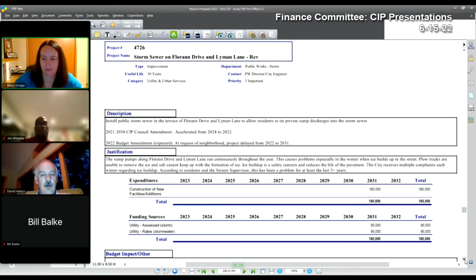And staff is recommending to keep the project in or near the last year of the CIP as a reminder that it could be needed again if the climate and property owner desires change. And that also would allow for the project history to be readily available for future councils and staff. So that's what we are requesting to do with this one.